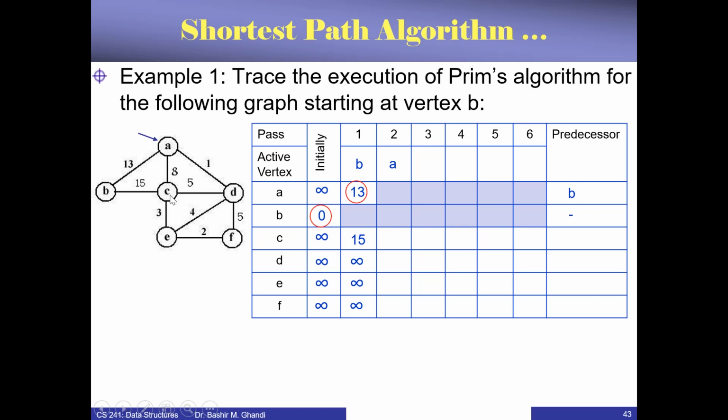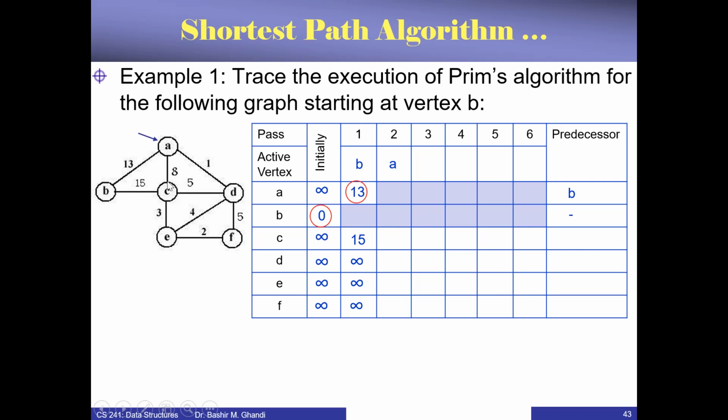In Dijkstra's, if you recall, we were trying to find the total cost from a given source, in this case B, to each vertex. So in that case, we were adding the cost that we reach A with, which was 13, plus the edge between A and C, for example, which is 8.